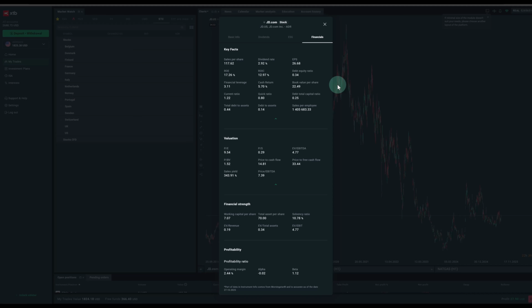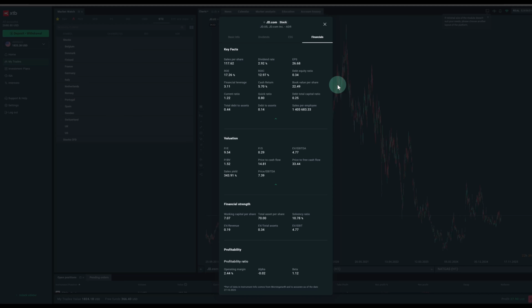JD recently started paying a dividend, which signals financial maturity and cash flow stability. That's unusual for a Chinese tech company. It shows JD is past its high growth, cash burning phase, though, which is good. Price to earnings is 9.5, extremely low for a profitable tech stock. The market is pricing in geopolitical and macro risks here, I think, rather than business weakness. So fundamentally, JD looks undervalued here.